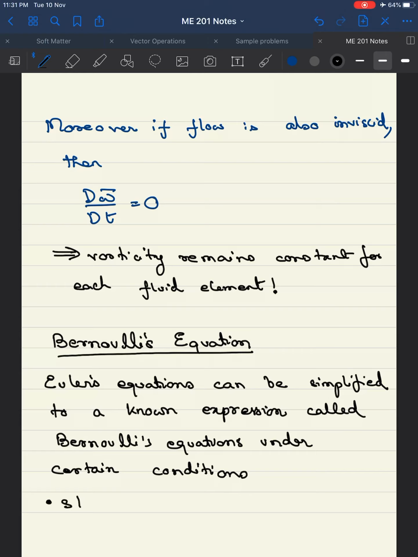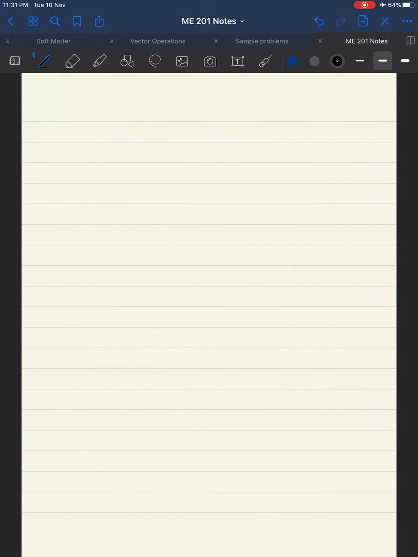steady flow, steady inviscid flow is number one. Second is a conservative body force field, which basically refers to the body force we are going to use.